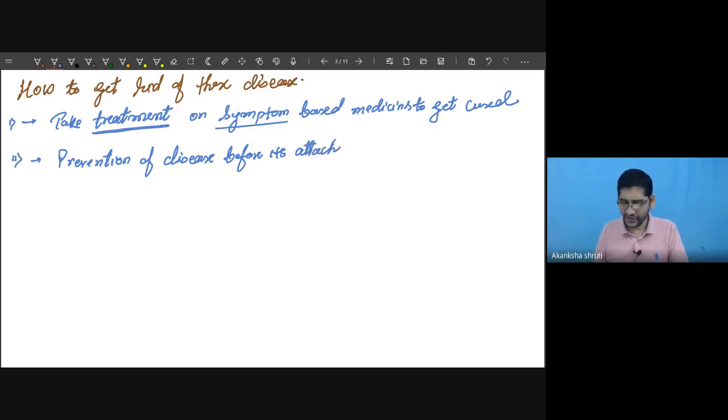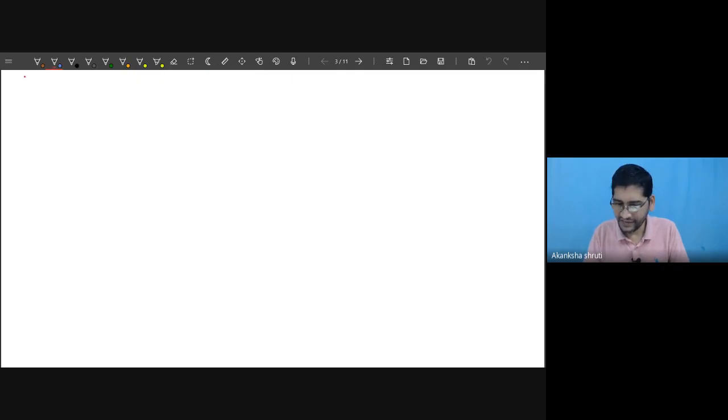Okay, students? So prevention is always preferable. How to prevent? This prevention can be done by the factors that we have listed earlier. So this can be done by avoiding conditions that lead to disease. What are the conditions that we have listed, students?